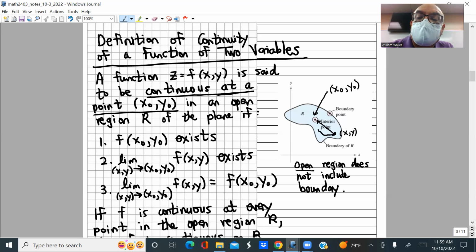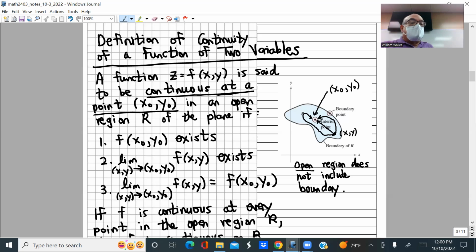We could have thought of the approach as coming like this, or approaching this point like this. And from all of those different directions, that limit has to exist.